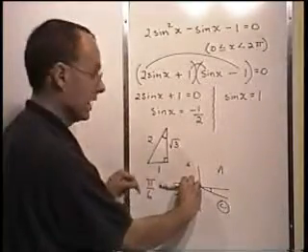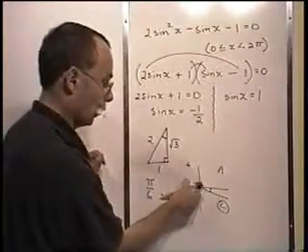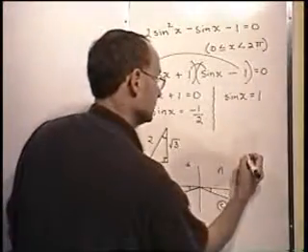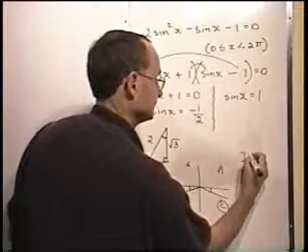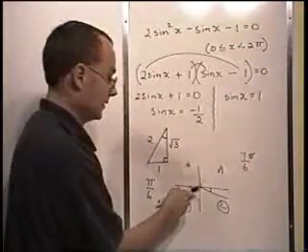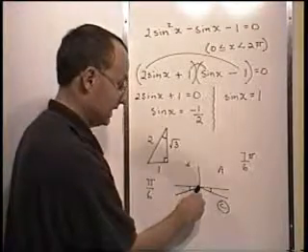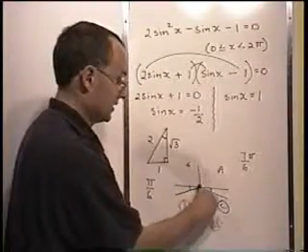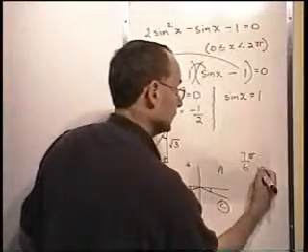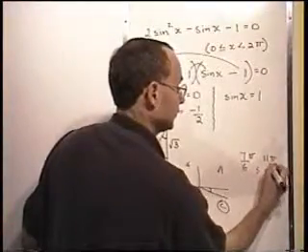Okay, so that brings me to pi. And then I want to go one more. So that's going to be 7/6. So I'm just going to write that over here. Okay, so that's 7/6. And then I can go 8/6, 9/6, 10, 11. So that's the other one. 11/6 pi.